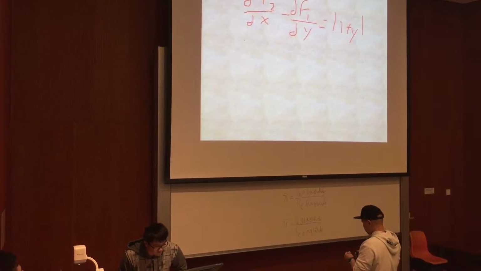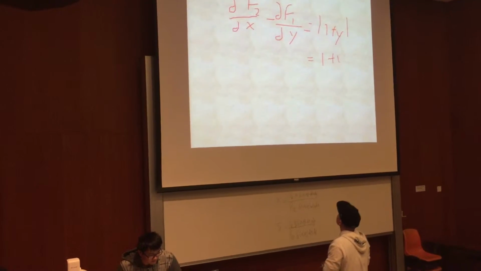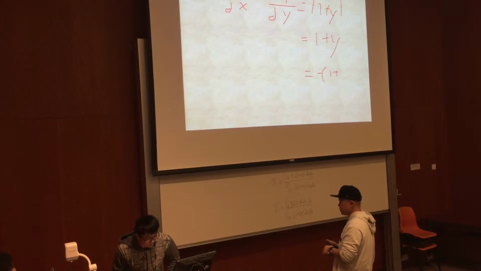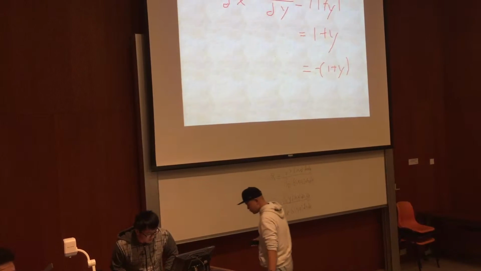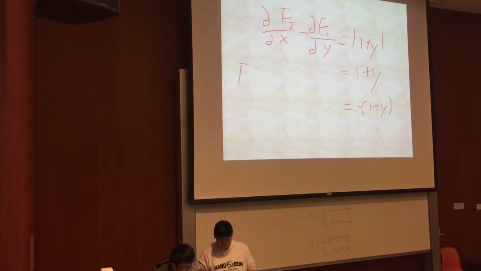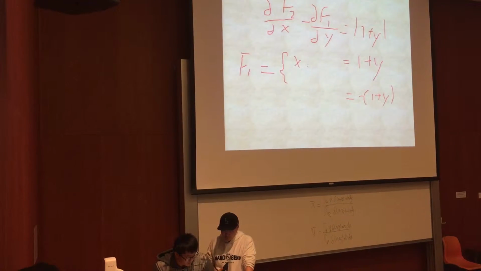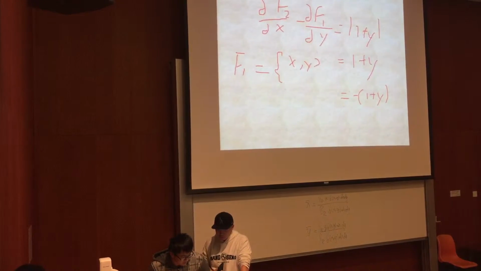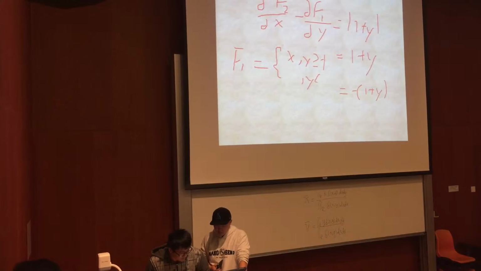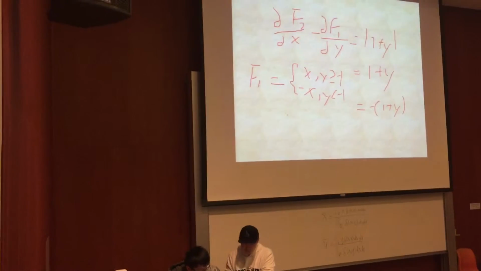For this case, we have two equations. The first case is equal to 1 minus y. The second case is equal to negative 1 plus y. For these two cases, we can write down f1 equal to x when y is larger than -1, and for y less than -1 it is minus x.